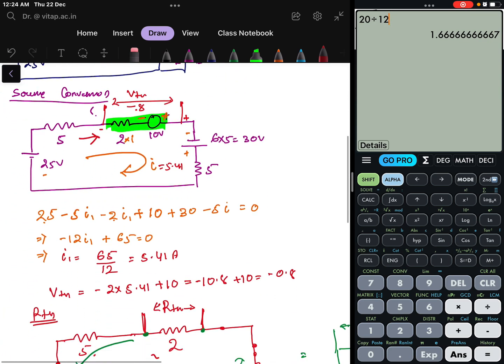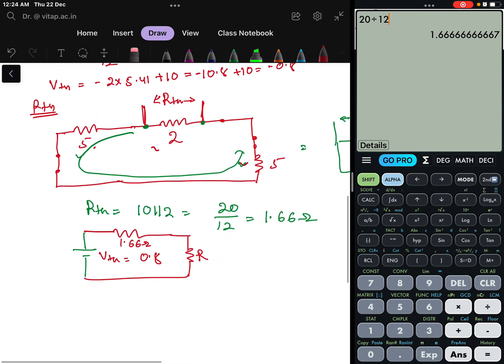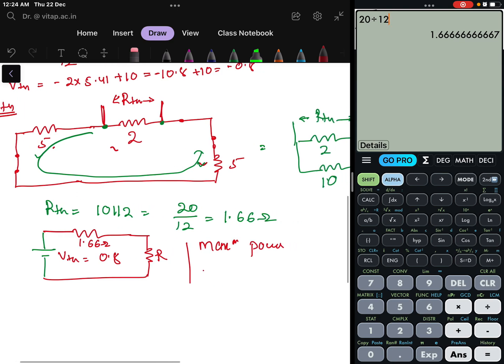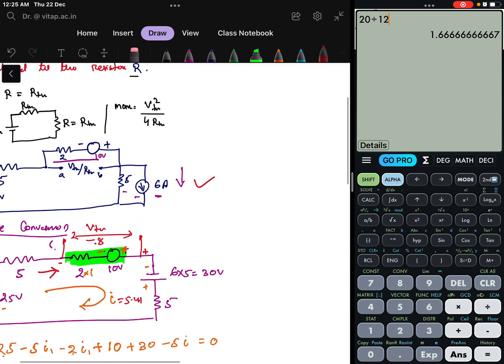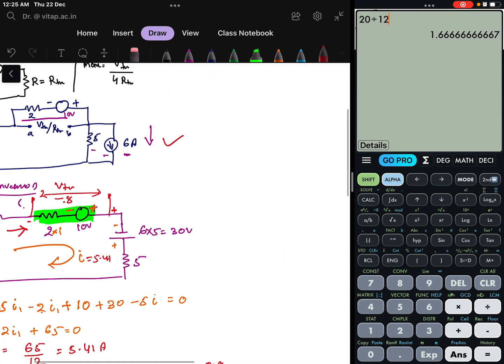So in this circuit, when will the maximum power be there? Maximum power will be there when this R value is equal to RTH, that is equal to 1.66 ohms, and the maximum power will be equal to VTH square divided by 4 RTH. I have written it 4 RTH.